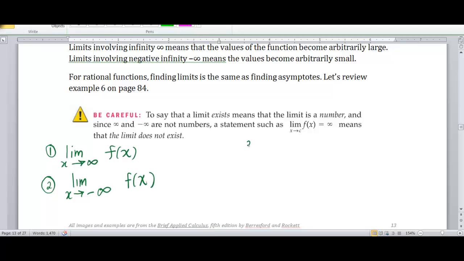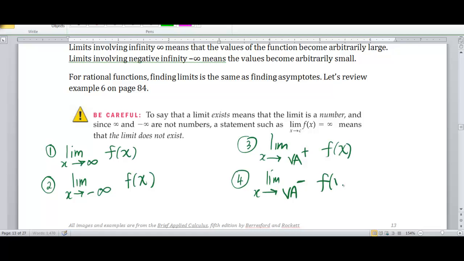And then you want to find what happens as x approaches the vertical asymptote from the right of the function, and as x approaches the vertical asymptote from the left of that function.